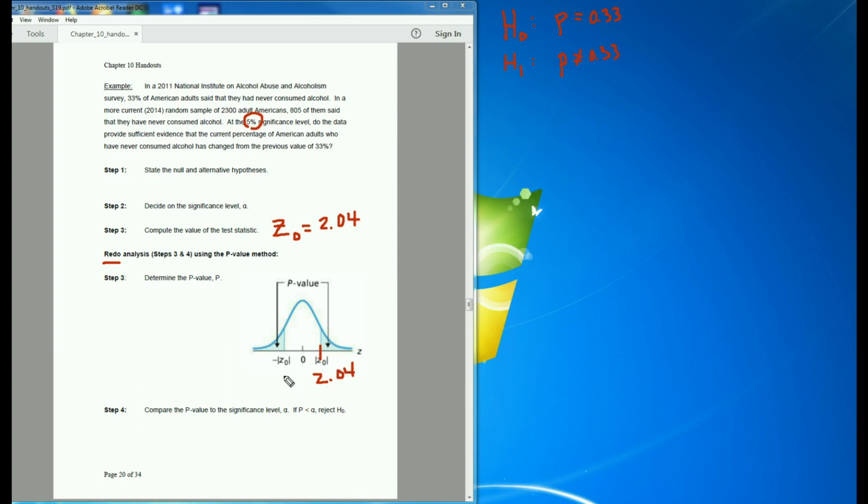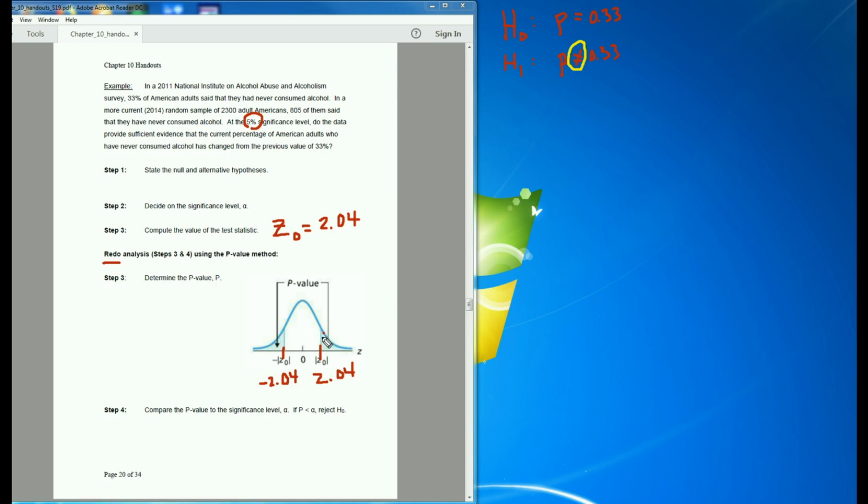And then, you could think of it this way. Its symmetric partner is negative 2.04. Because we know this is a two-tailed test, and we know that because of this symbol in the alternative hypothesis, it's a not equals, which means that it is a two-tailed test.